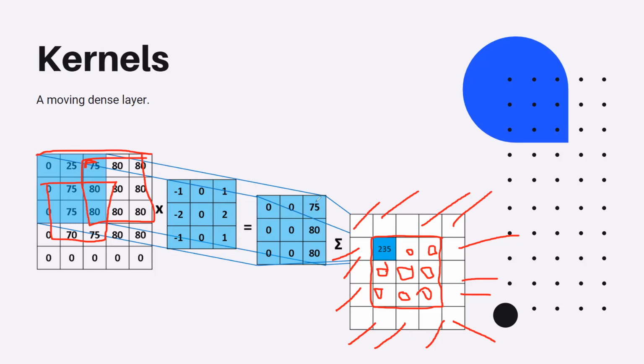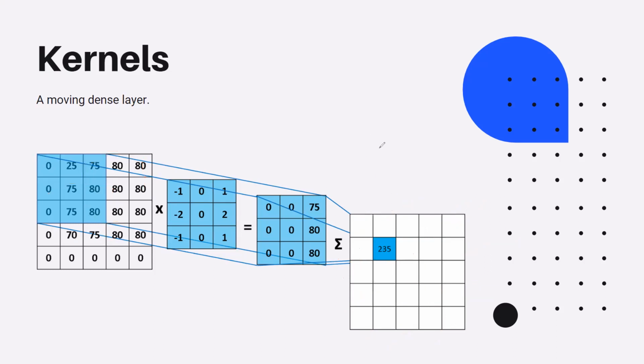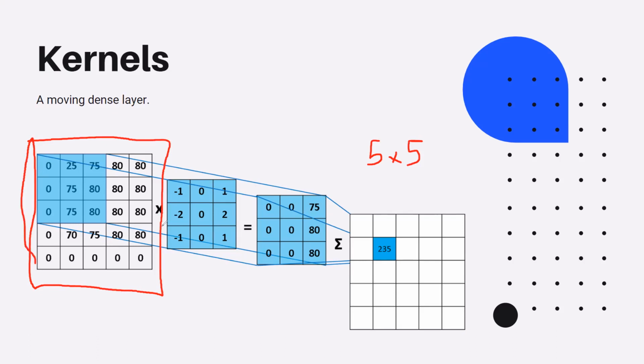Now, if we wanted to keep the same, let's say I want to fix the shape of the output to 5 by 5, how much should I increase this image? Let's say I might be able to add more empty values here, like zeros. How much should I add in order to keep it the same?